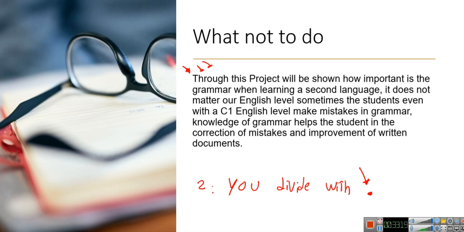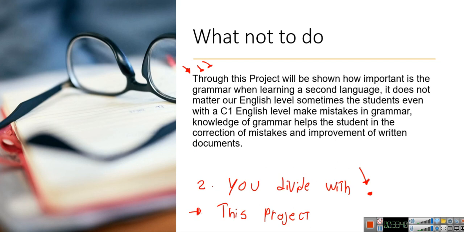Instead, what he should start with should be, let me write it right here: this project will show how important is grammar. This project will show how important is grammar.